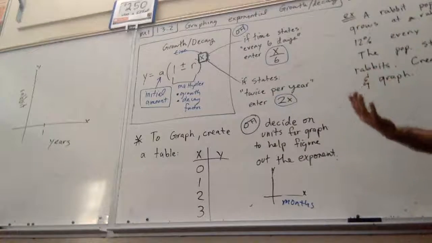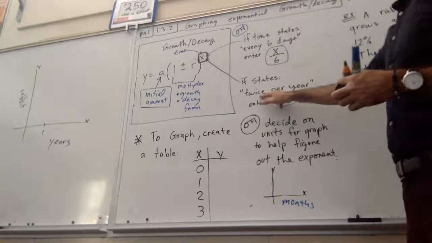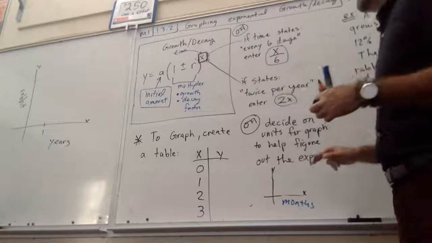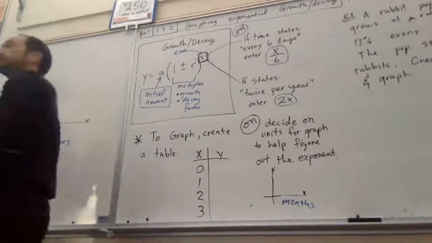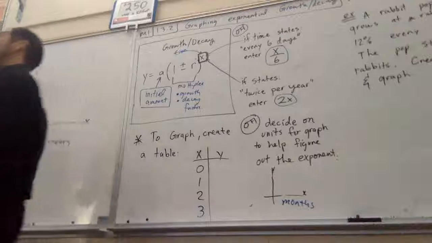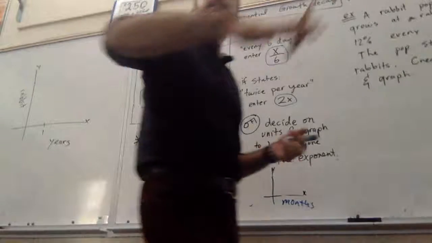It's a slow-growing worm. It's a cold environment. Let's see. Twice per year. How about, let's see, if I was right here at 6 months, would it have doubled yet? The worm population doubles twice per year.